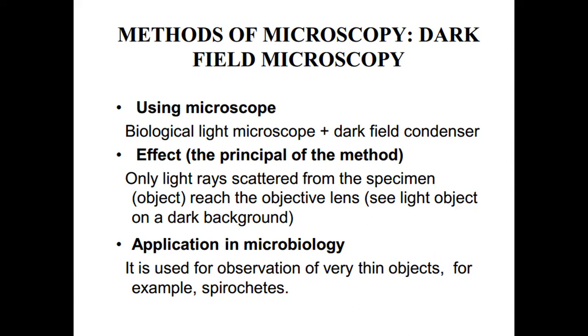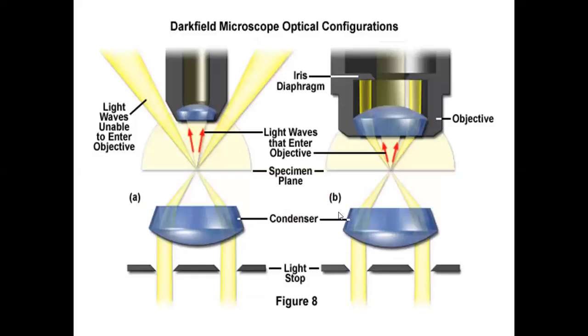But you know that for immersion microscopy, it is necessary to stain the object. And if bacteria are not sensitive to staining, we can use dark field microscopy. This method does not need staining.